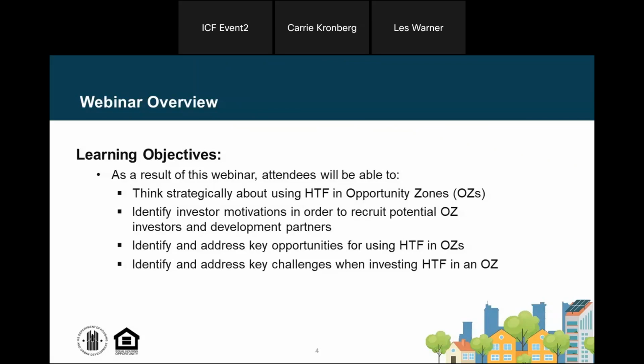As part of that, we're going to spend some time talking about what some of those challenges are, where there are differences between the two regulations, and trying to help folks think through how that combination will work, what some of the key challenges might be, and some ideas on how to address those challenges when combining housing trust funds in an opportunity zone.